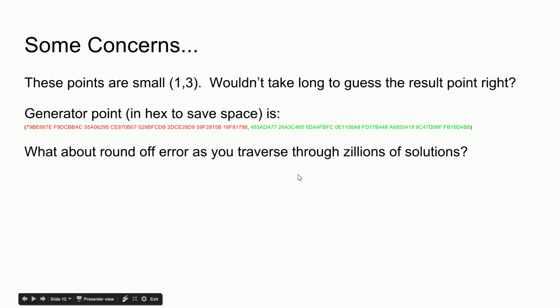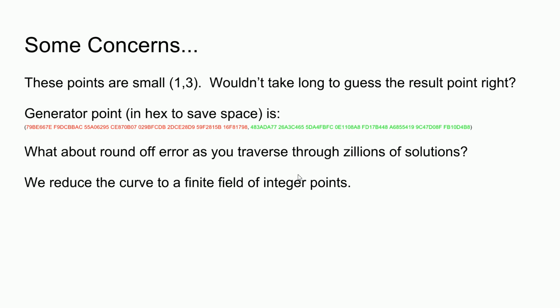Okay, well the next thing is, if you're dancing around this curve, aren't you going to land on like 1.39272, some long irrational number, and then you'll have to keep track of that, and then you go on to the next number and you have round off error because the computer just can't keep track of an infinite number of resolution. And the answer to that is we reduce the curve to an actual finite set of numbers that are integer values, x and y.